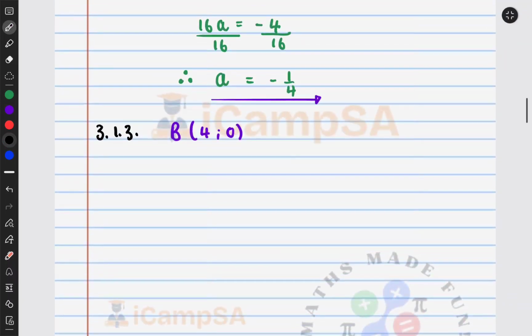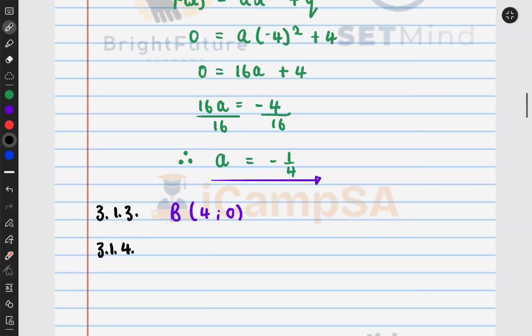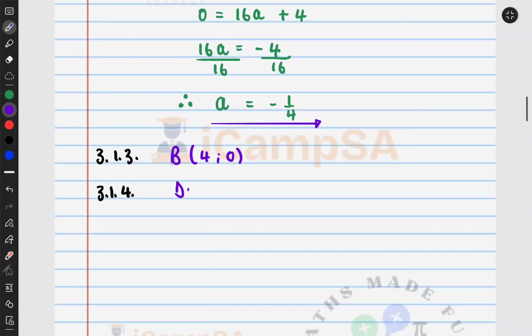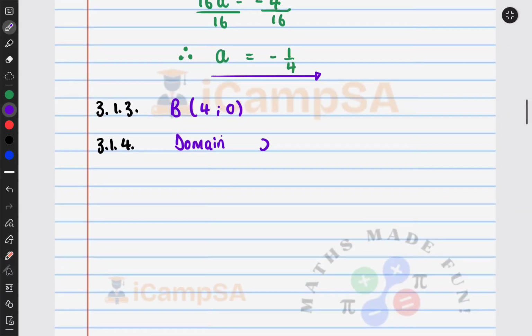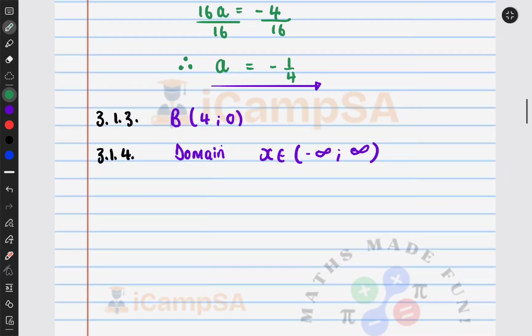So for the function f, the parabola, the domain: we can see that the function goes from negative infinity up until positive infinity, so the domain x is an element from negative infinity to positive infinity.